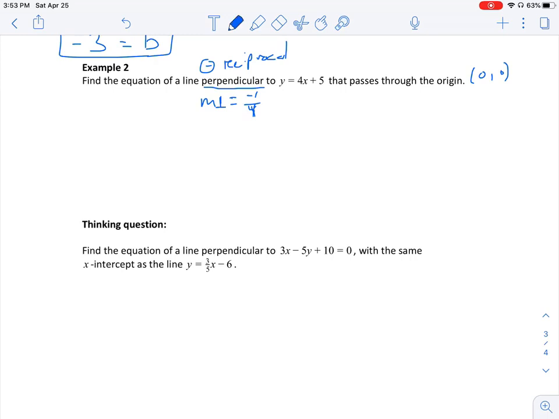So y equals negative 1 over 4x plus b. Where's the y-intercept? We don't have one. Well, it's at 0. So the equation of this line is y equals negative 1 over 4x, passing through the origin.